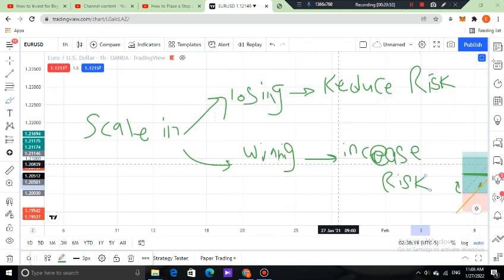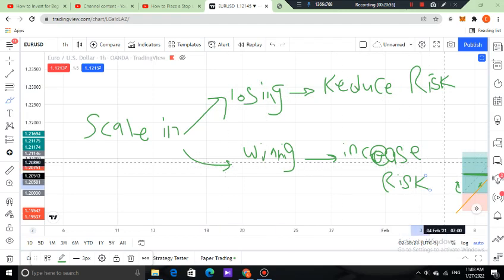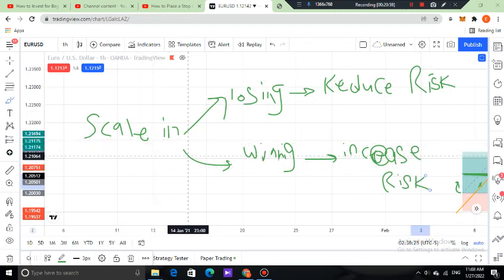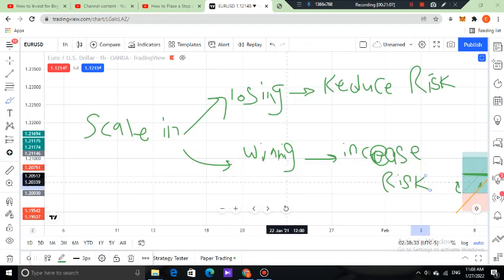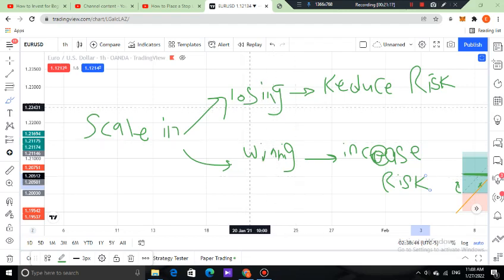But if you add to a winning position, you increase the risk. But it's worth it, because it's a winning position and it's highly probable that it hits your target. But with this one, you can just exit the position at the initial entry point.